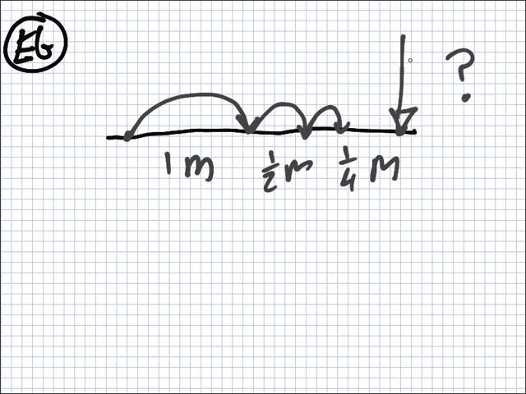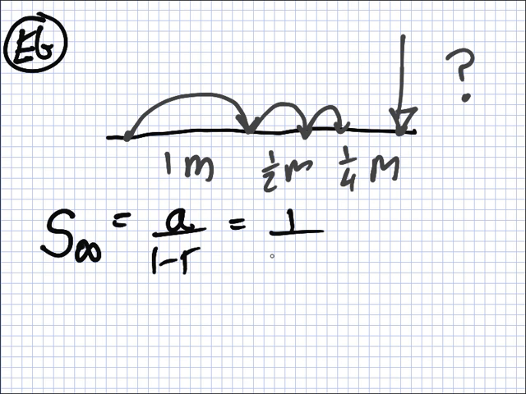Yes, some of you know already? I heard someone say it. 2 meters, yeah. What are you actually calculating here? S infinity. Do you remember the formula for this? a over 1 minus r. What's the a? 1. And what's the r?